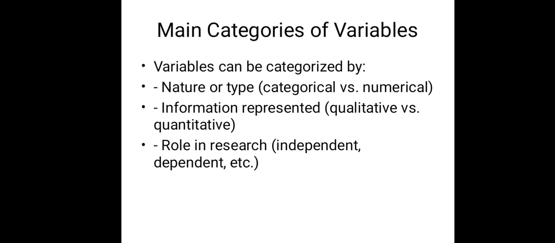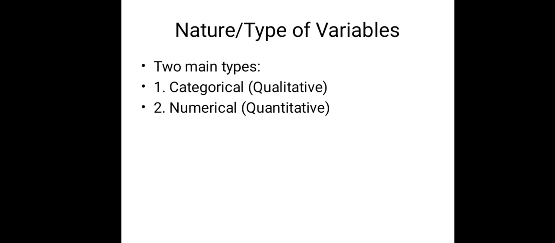If we categorize according to the information presented, we are going to have qualitative versus quantitative. If we categorize according to the role in research, we are going to have independent versus dependent, etc. Mark that. So if we dip into the nature or type of variables, we are going to have two, as I mentioned, categorical and numerical.